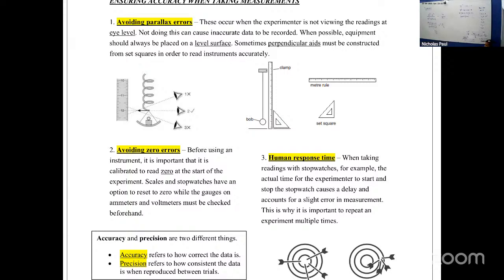A random error occurs when the experimenter makes a mistake. That's a random error, right?